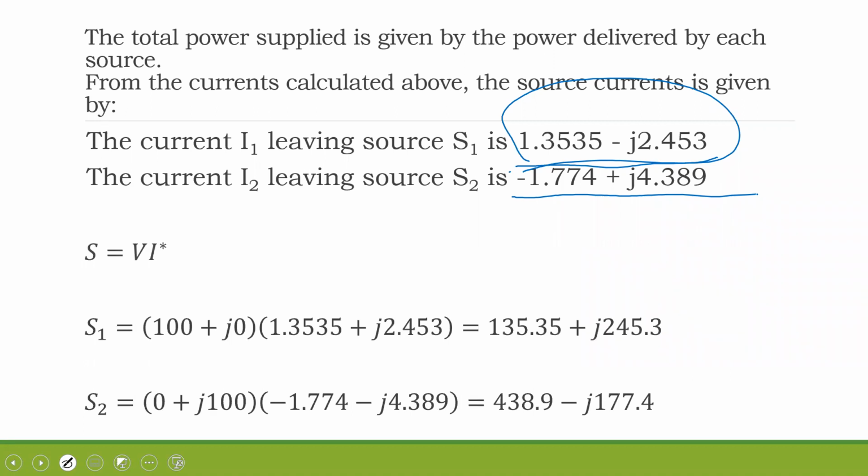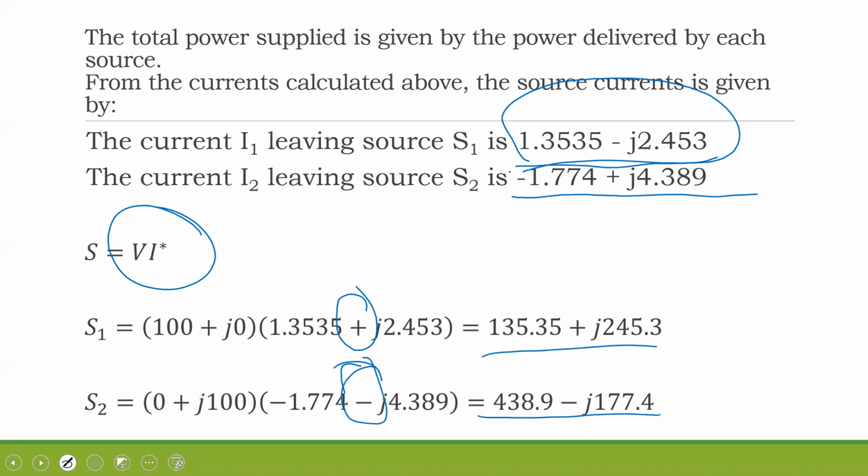In the case of the second one, you get a minus real and a positive imaginary. For the first one, it was a positive real and a negative imaginary. Now that you have done that, you then find the conjugate, which means that you're only going to be adjusting the imaginary part. And having done that, you now have S, which is in the form P plus jQ.